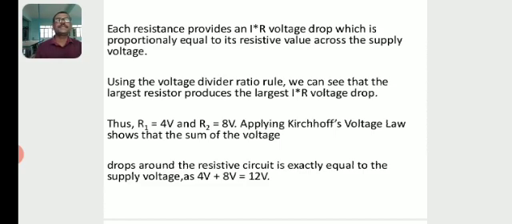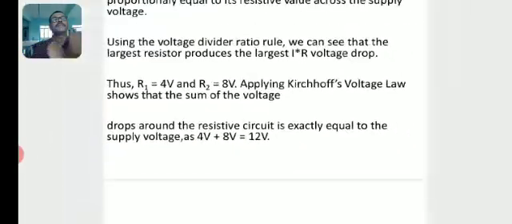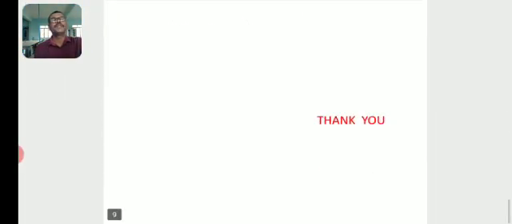Then applying Kirchhoff's voltage law shows that the sum of the voltage drops around the resistive circuit is exactly equal to the supply voltage. That means 4 volts plus 8 volts is equal to 12 volts. That means the voltage divider circuit obeys the law of conservation of energy. Thank you.